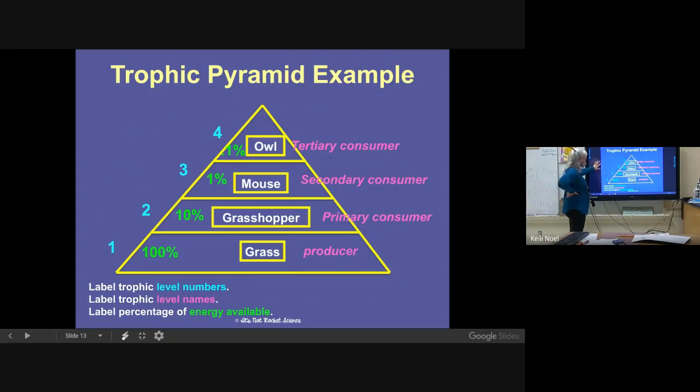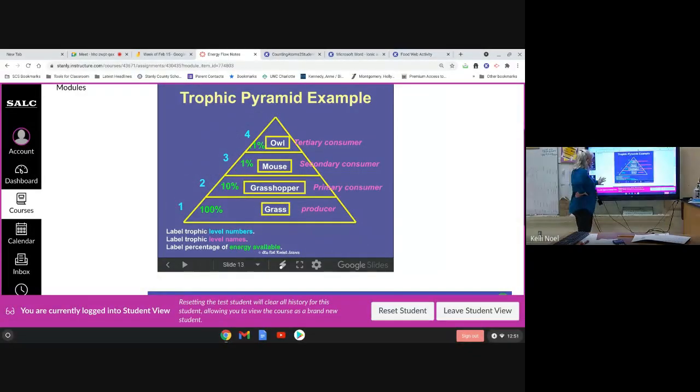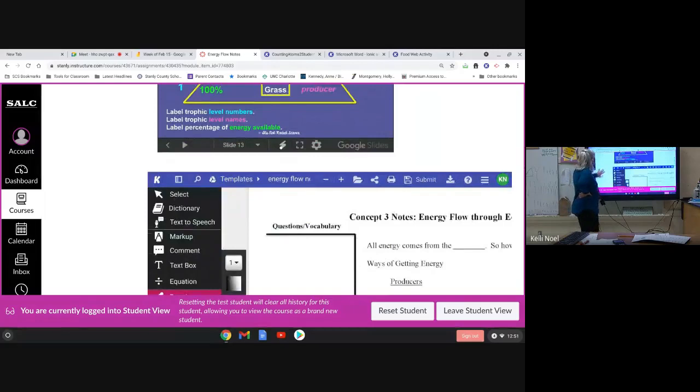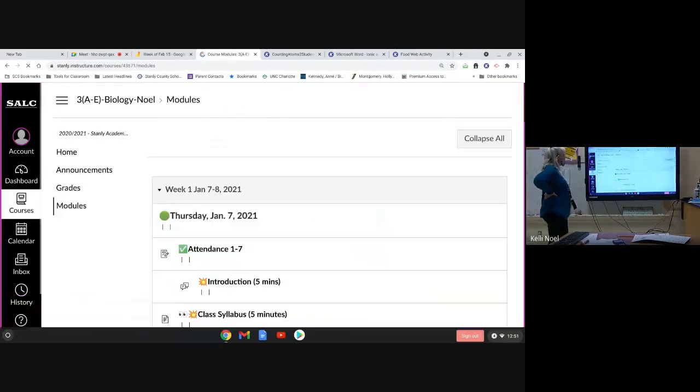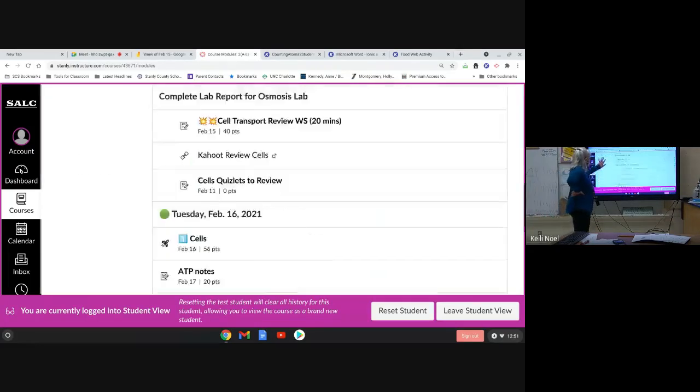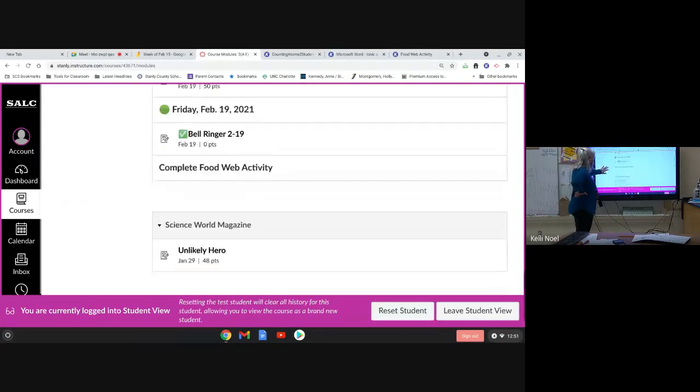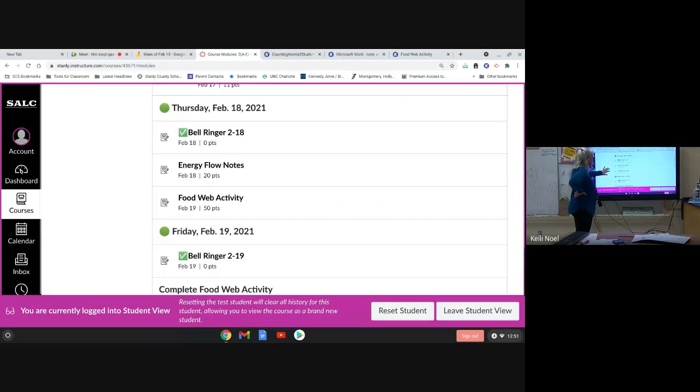All right, I'm going to get out of this. And what you're going to do is, I'm just going to go to modules. It just is simpler. You can probably click on the next button. I'm going to go down here, and there is no video for today, but there's a food web activity. So I'm going to click here first, but I have it pulled up separate.